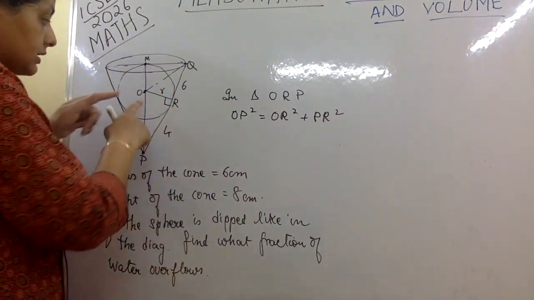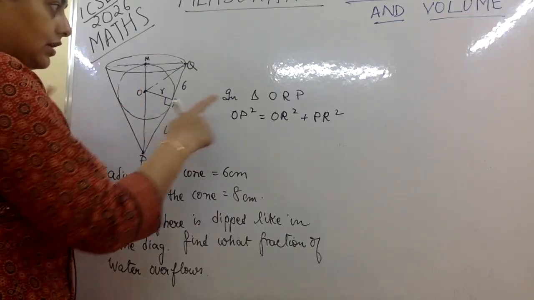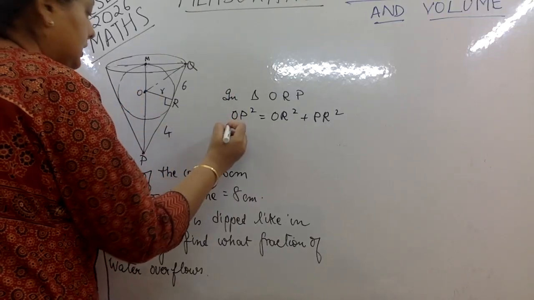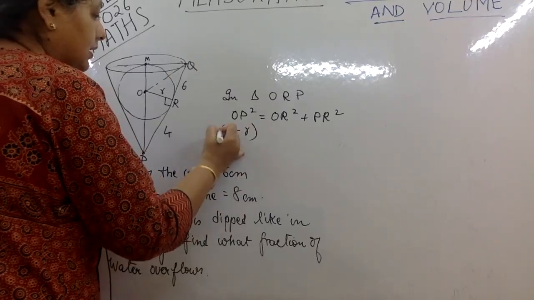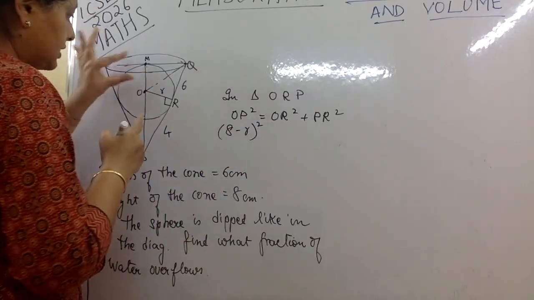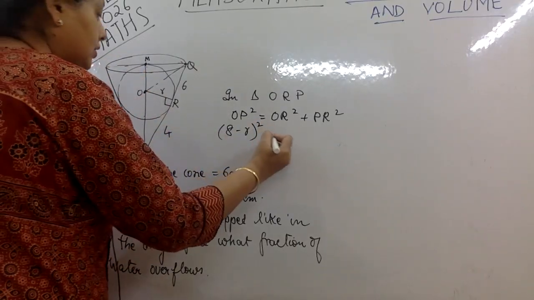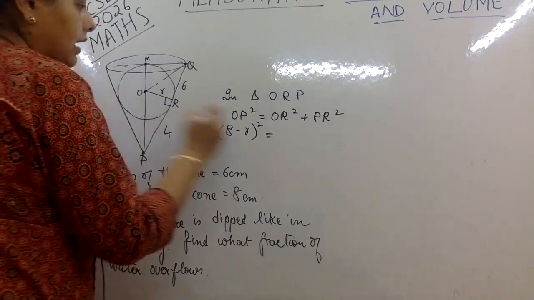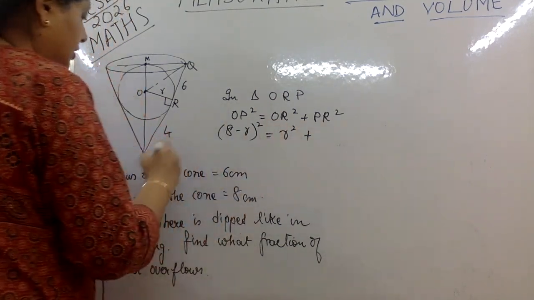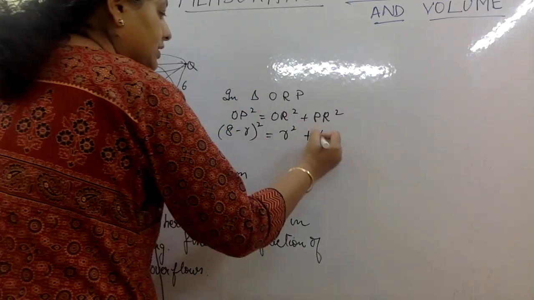That means I am using Pythagoras for this triangle ORP. Now this one is 8 minus R. You can see that clearly from the diagram. This is R, the full thing was 8. And OR is R only, and PR is 4 square, which is 16.